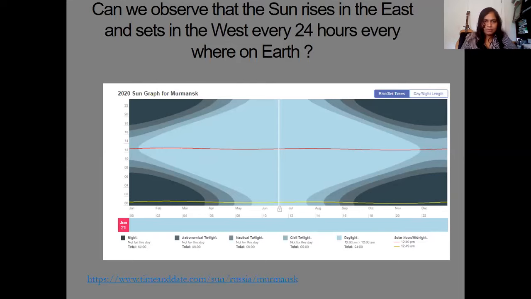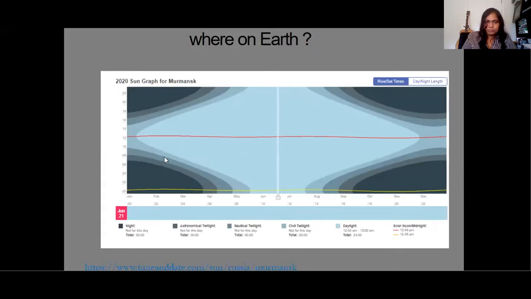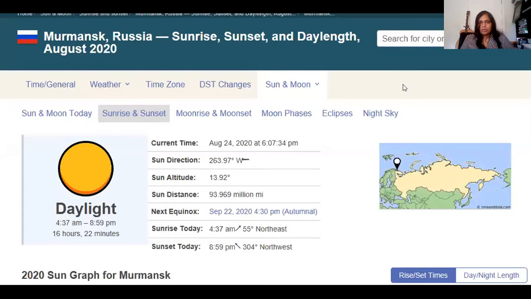So let's look at one example. This is a sun graph for Murmansk. Let me take you to another view of this graph. All right, so on this website you can check the sunrise, sunset, and daylight times.